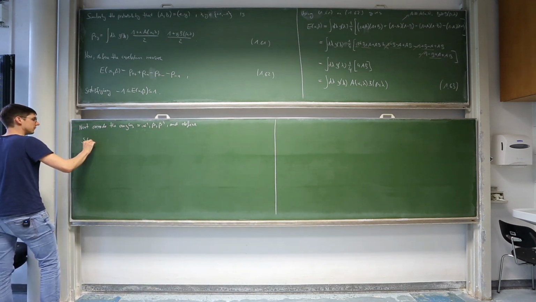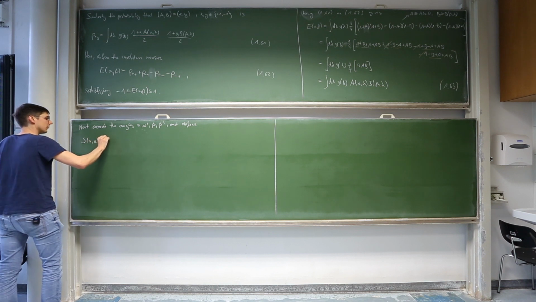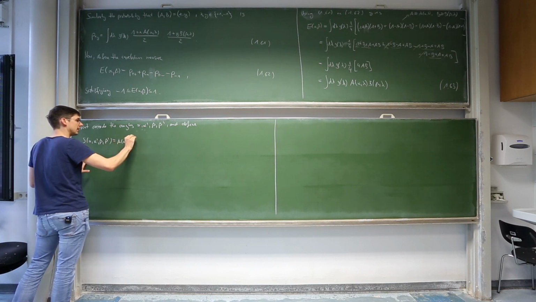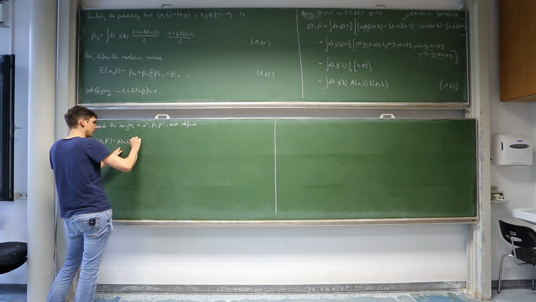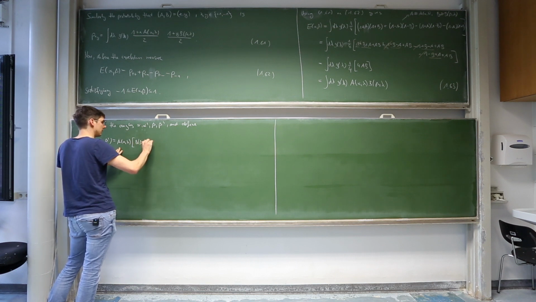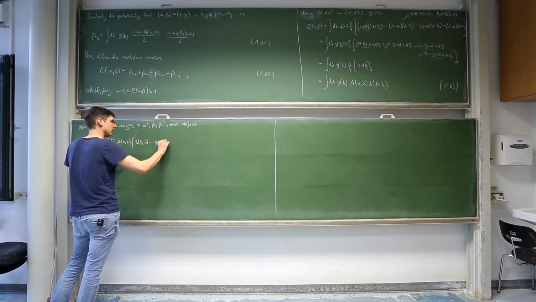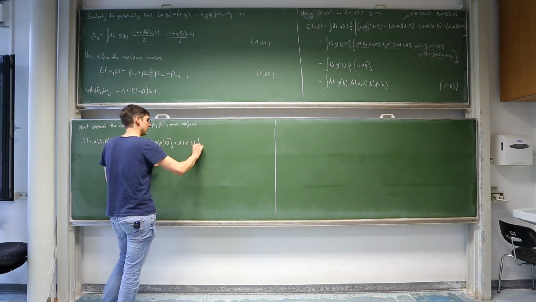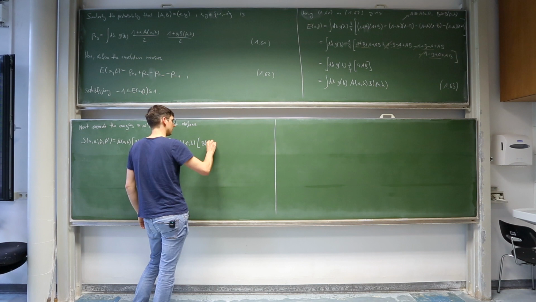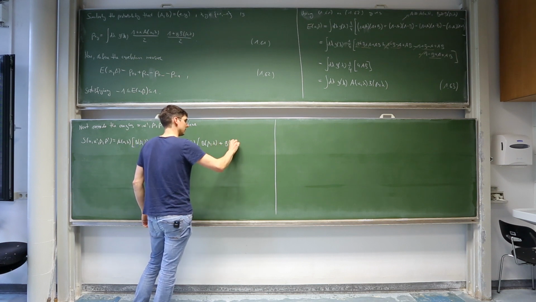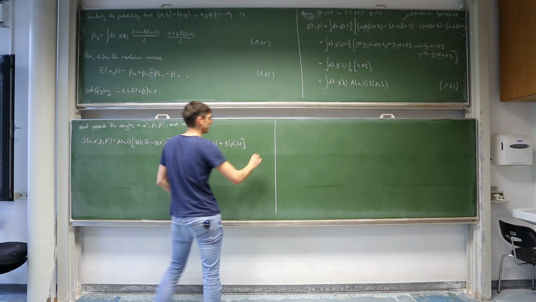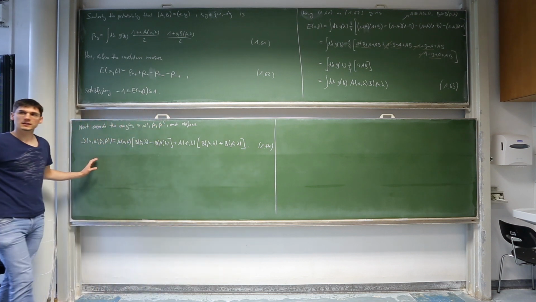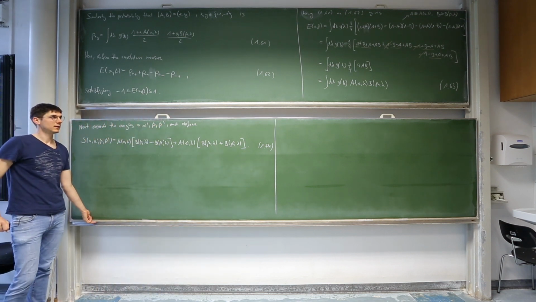We call it S of alpha, alpha prime, beta, beta prime, which is A of alpha lambda times B of beta lambda minus B of beta prime lambda, plus A of alpha prime lambda times B of beta lambda plus B of beta prime lambda. Okay, so this is sometimes called the Bell parameter, and it's a definition.